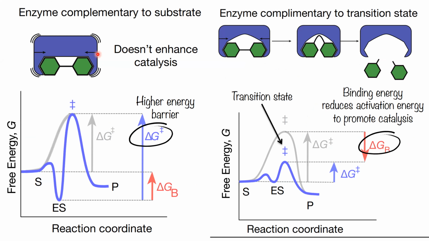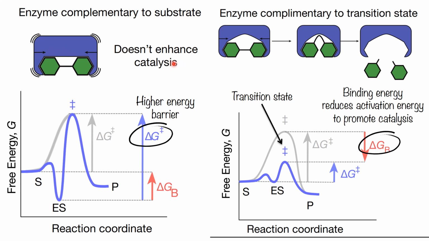Now, if you compare an enzyme complementary to the substrate and an enzyme complementary to the transition state, as I explained in the previous slide, we are linking these up with the models. If it is complementary to the substrate, this is a very strict boundary and does not facilitate the substrate bending, because it is just appropriate to the substrate shape.